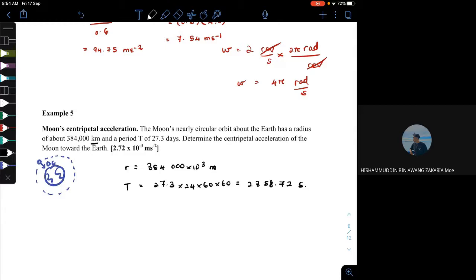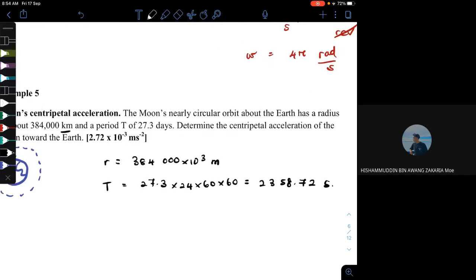Okay, let me double check. 27.3 times 24 times 60 times 60, so 2358720. Right? Correct, Miss. Miss is confident. So we have it in seconds.